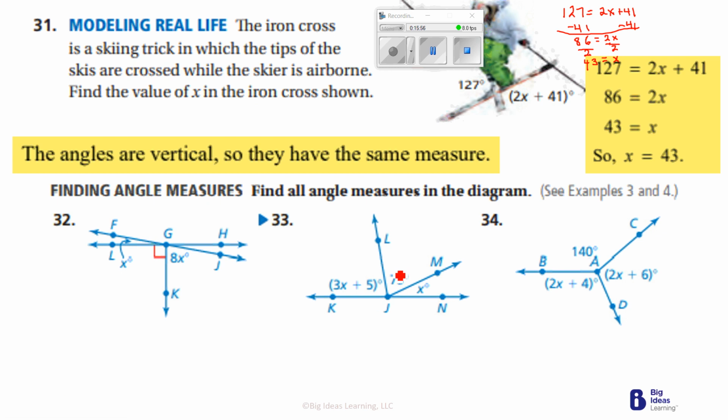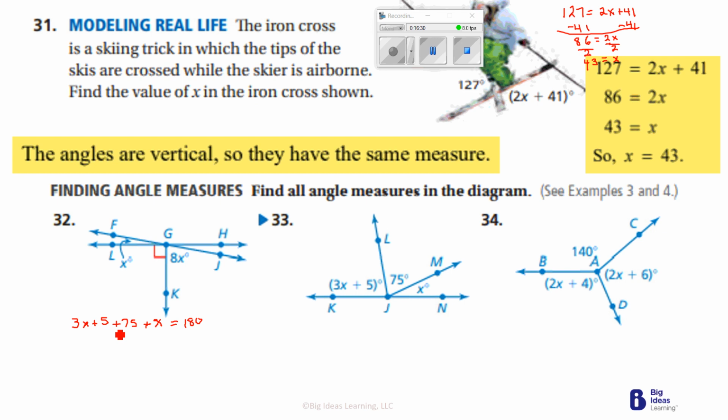So I can say that I'm going to have, I'm just going to do the work over here, since you guys have to do the evens, that 3x plus 5 plus 75 plus x all have to equal 180.